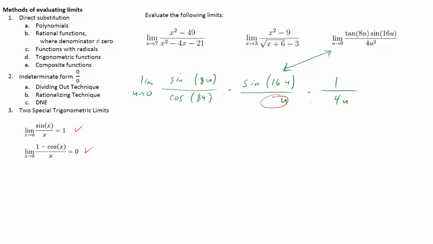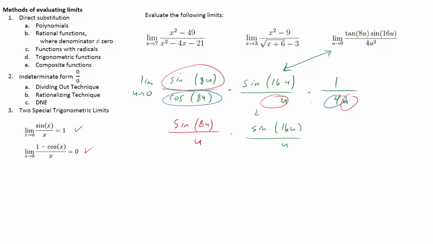If we group the sine of 8u with this u, we would almost have it in the first location also. So let me group that first, sine of 8u over u. The second factor will stay the same, sine of 16u over u. What we have left over is a 4 on the denominator and a cosine of 8u.